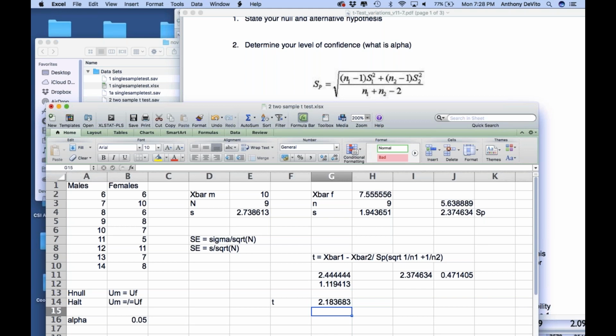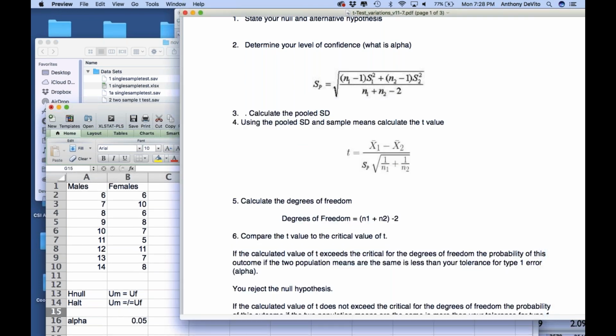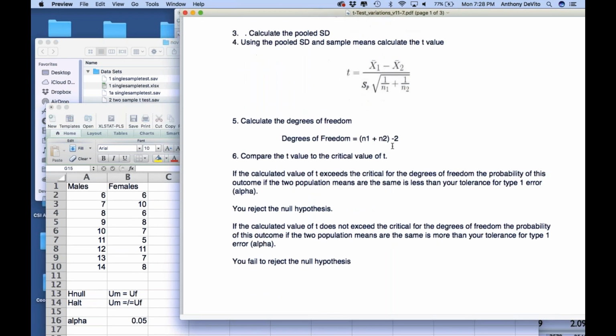It's bigger than 1.96, right? Can I reject my null hypothesis? It's t. We have the same problem as always. Got to look up what the critical value of t is. So what is the number of degrees of freedom here? The degrees of freedom is equal to n1 plus n2 minus 2, which is 16. 9 and 9, 18, minus 2, 16.